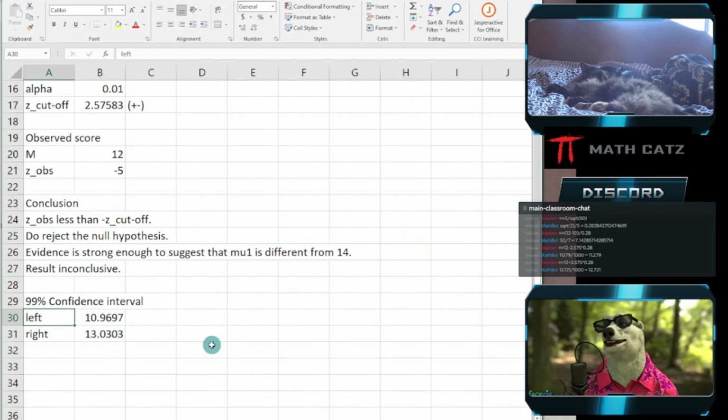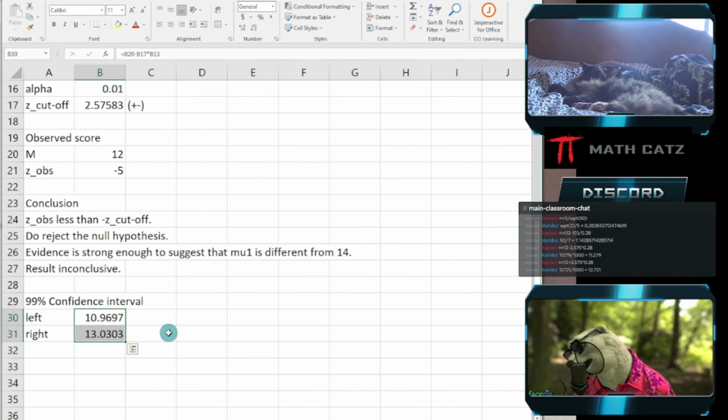So I suspect, based on the evidence, that the population 1 mean, those that have the treatment, is different from 14, and I suspect it falls in this range with 99% confidence between 10.9-ish and 13-ish. Don't know where it is, which is why I build an interval around my mean, because I don't know if it's 12 or not, and I don't know how close to 12.